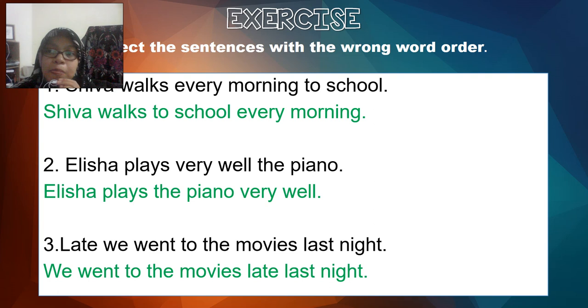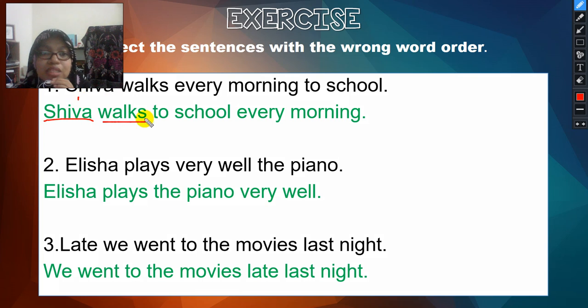Okay, so look, Shiva walks. Shiva ni seorang. Walks, ingat tadi apa? Subject verb agreement kena ada S. Sebab apa dia seorang? Verb dia kena ada S. To school, object. Ni object, ni subject. Every morning, the time.